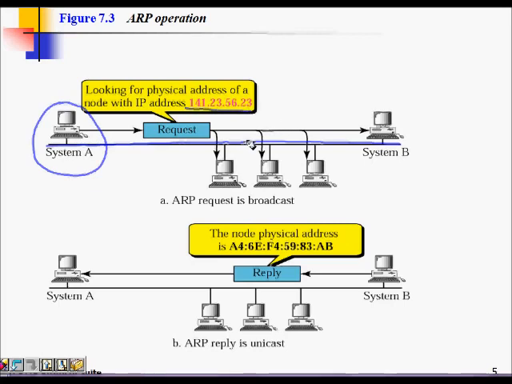It wants to know its MAC address so that it can now send frames directly to it using that MAC address, because communication on a LAN takes place using frames, where you have to know the MAC address, and I don't know that.